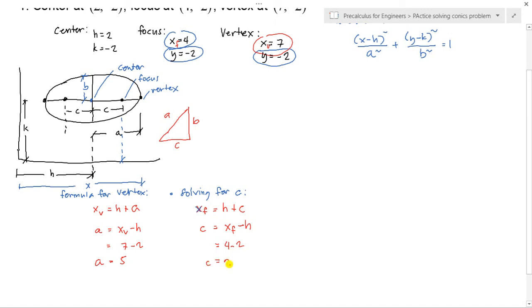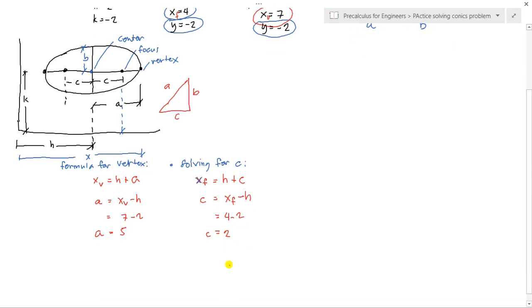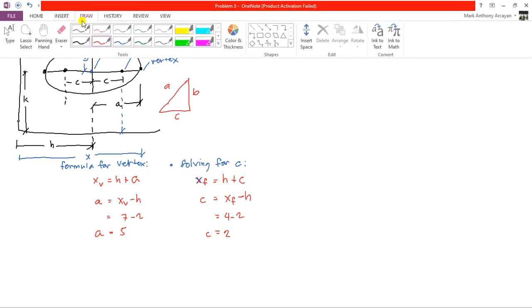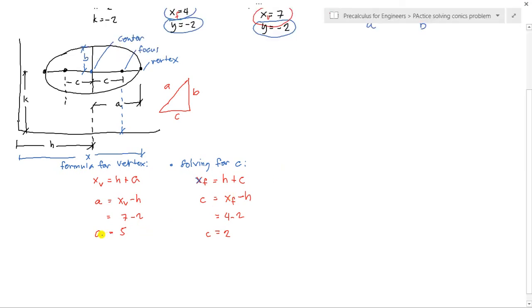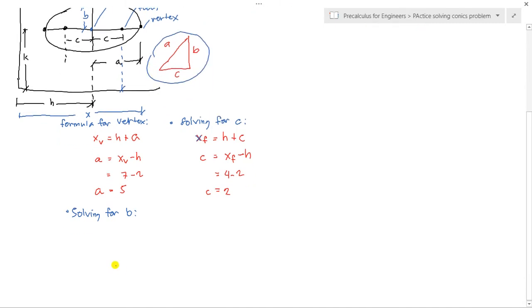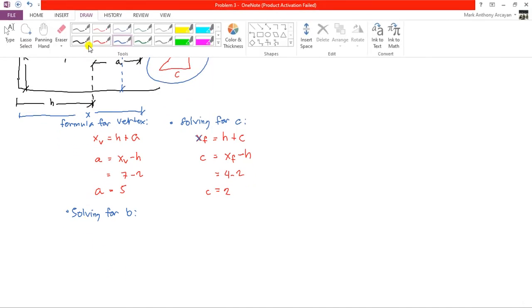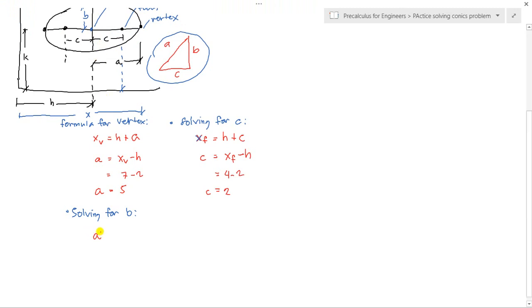Since we have the values of a and c, the only one missing is b. So solving for b, using the Pythagorean relationship for the ellipse, we have a squared equals b squared plus c squared.